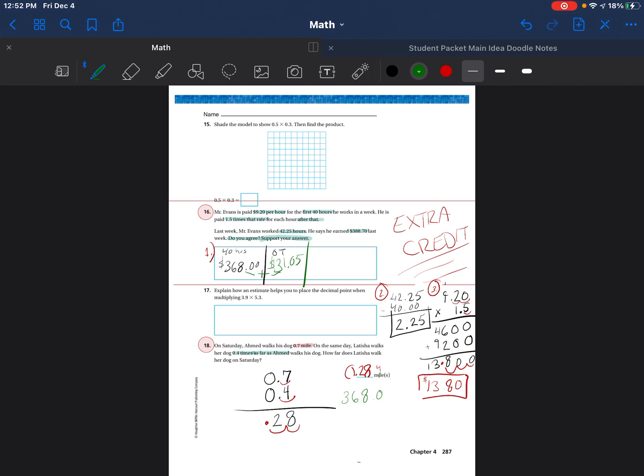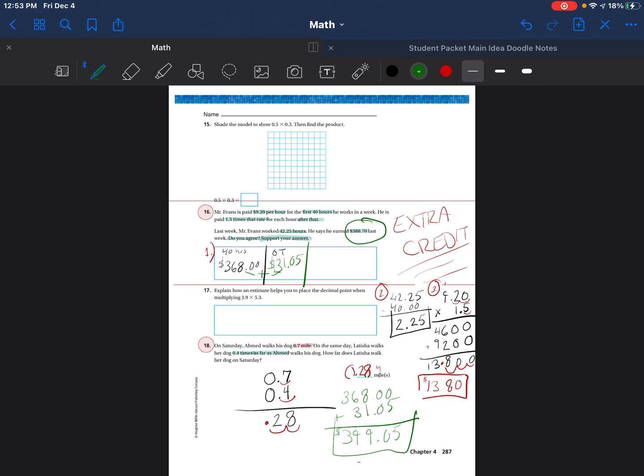So 368, 3105. So he would make a total of $399.05. Was he correct? No, he was not correct.